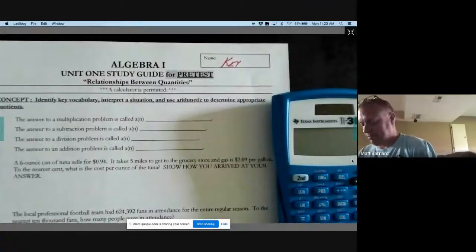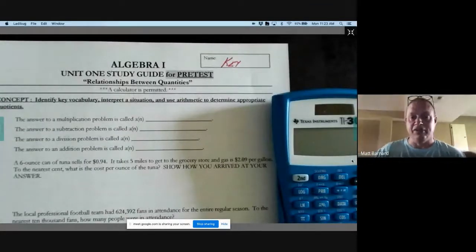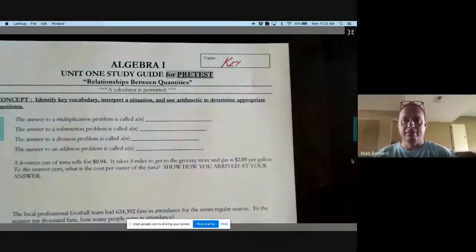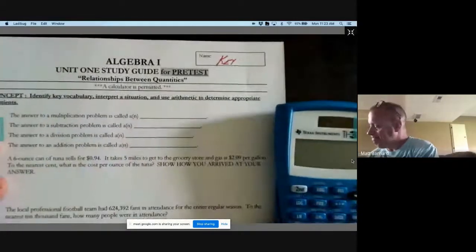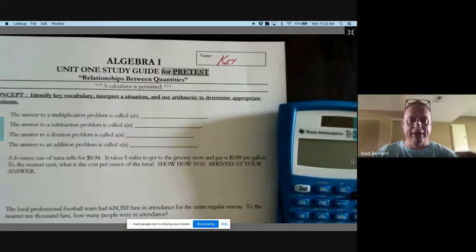All right. So what you can use for this pretest is you can use a calculator if you want. Some of these questions don't require it. A little heads up, if you're looking at doing things in math, science, computers on down the road, calculators are nice. They do make things faster, but also having that number sense is really, really important. So use a calculator when you need to.